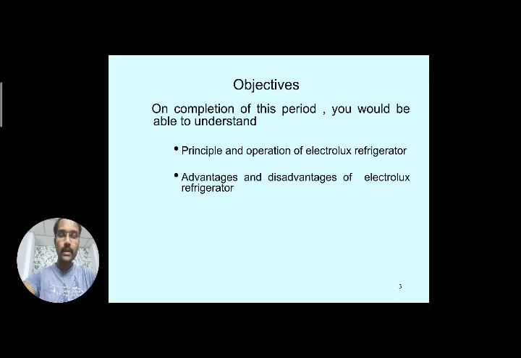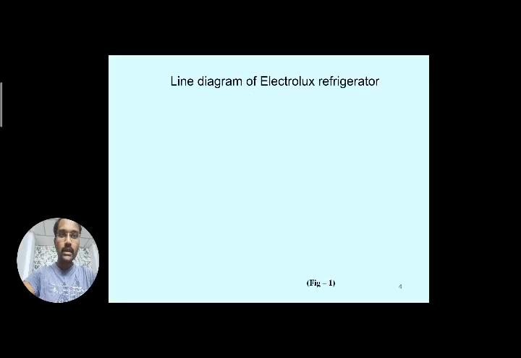Why it is named so, what those three fluids are, what the principle behind it is, and what advancement has been made compared with the vapor absorption refrigeration system. It also works on the same principle, but a little modification was made to the Electrolux refrigerator, and we will see its advantages and disadvantages.